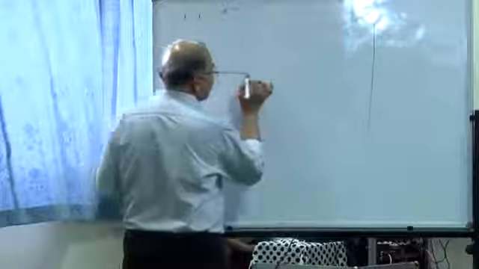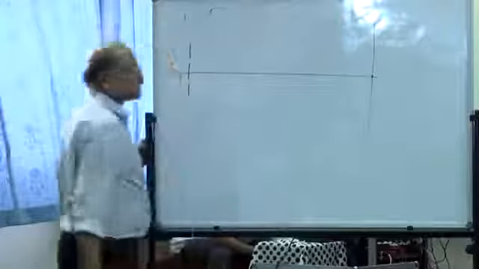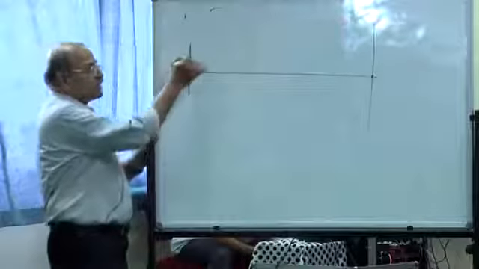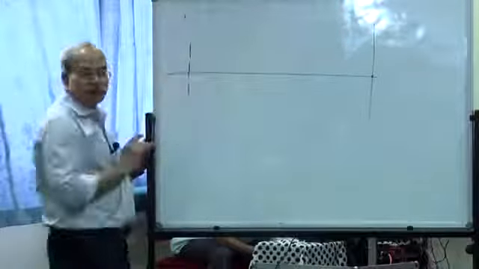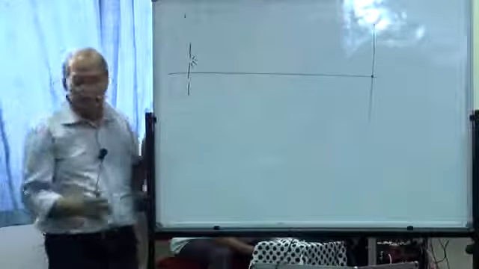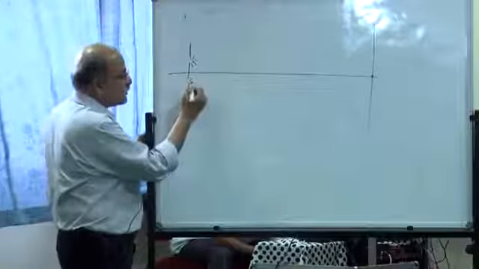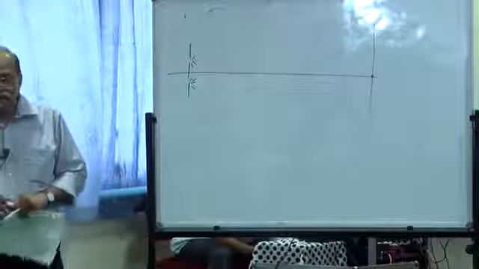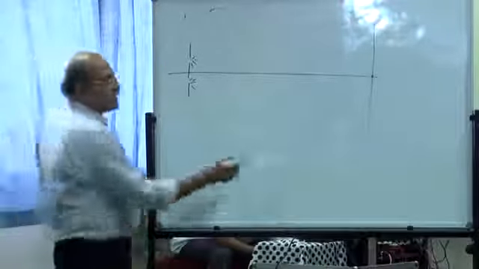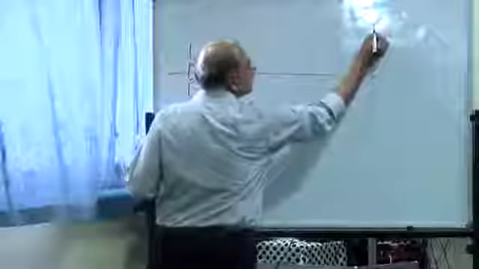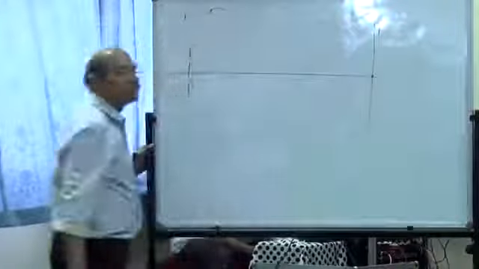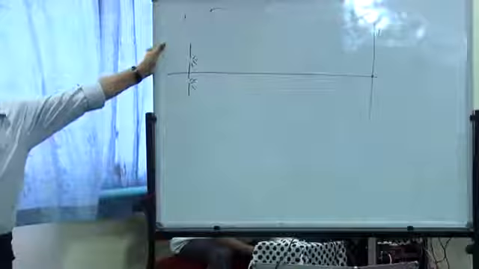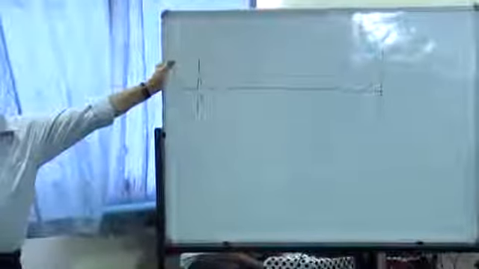So this is the central point. From this slit, light is going in all directions with uniform intensity distribution. From this also, light is going in all directions with uniform intensity distribution. Now I take a point on the screen and ask, what is the intensity here?